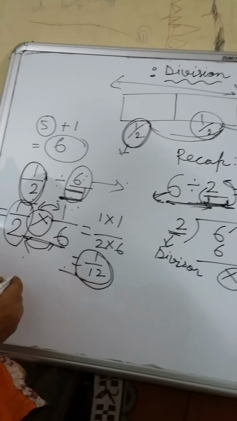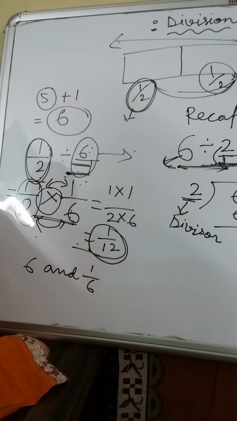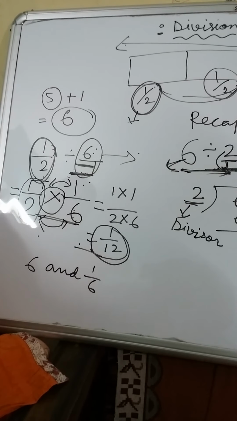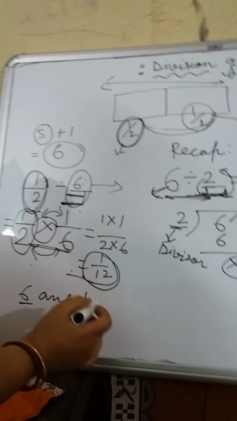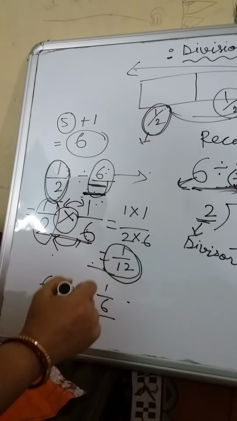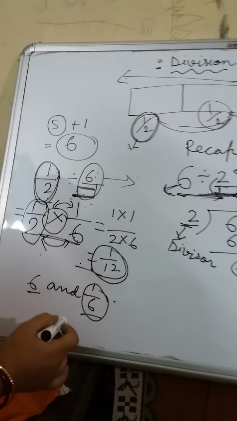Now how are 6 and 1 by 6 related? What is the relation between this 6 and 1 by 6? That I will talk about now, it is the reciprocal of a fraction.